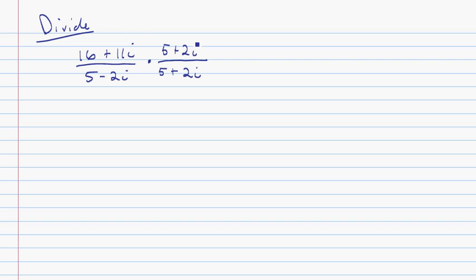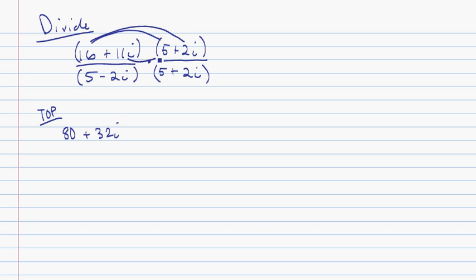Now dividing is more work because I have this times this on top, and now I have this times this on the bottom. So I'm going to be multiplying, foiling out, distributing out the tops and the bottoms separately. Because when in doubt you should write it out, I am going to write out the top here very clearly. And I will do the wind and the wave. So 16 times 5 is 80. And 16 times 2i is 32i.